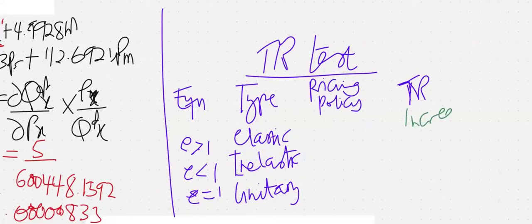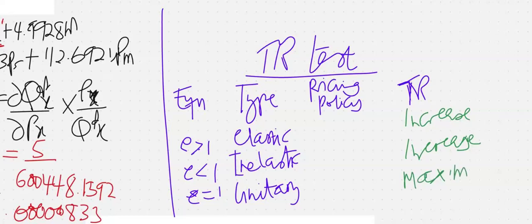So it's to increase revenue. The next one is also to increase revenue. But the last one is to make revenue reach its maximum.